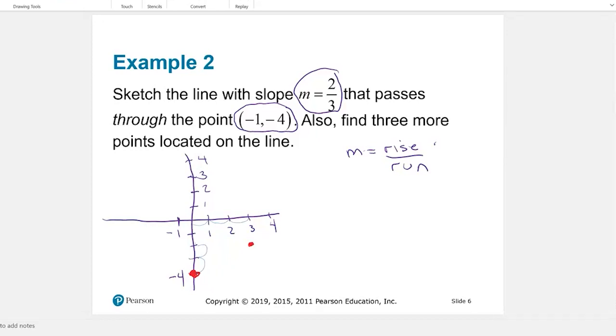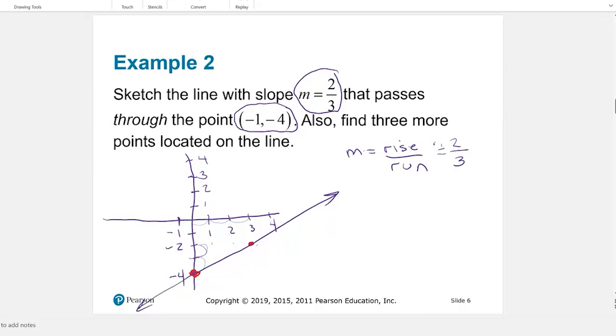Notice that I'm going up 2, because the rise is equal to 2. If I start here at -4, I count 1, and then I count 2. So it's at -2. And then I go to the right 3 because it's positive. 1, 2, 3. And now I connect those dots.